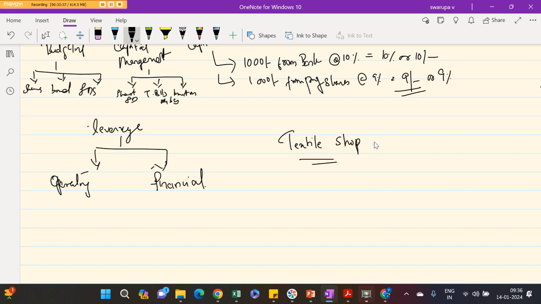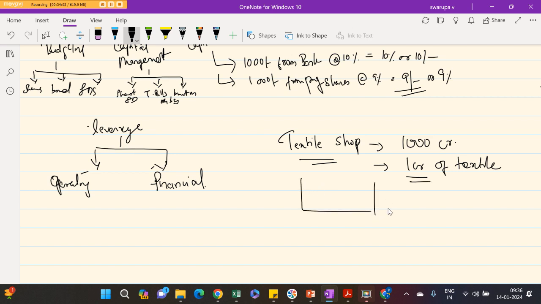Okay, textile shop, my turnover target is 1,000 crores. So I am assuming I have to sell at least 1 crore of textile to attain this profit, assuming.